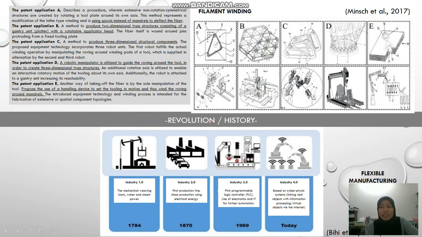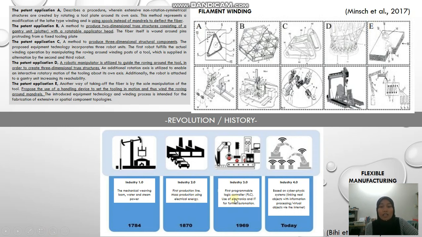And then next is the flexible manufacturing system. For the first industry, the mechanical weaving loom, water and steam power. And then the second industry, which is the first production line, mass production using electrical energy.